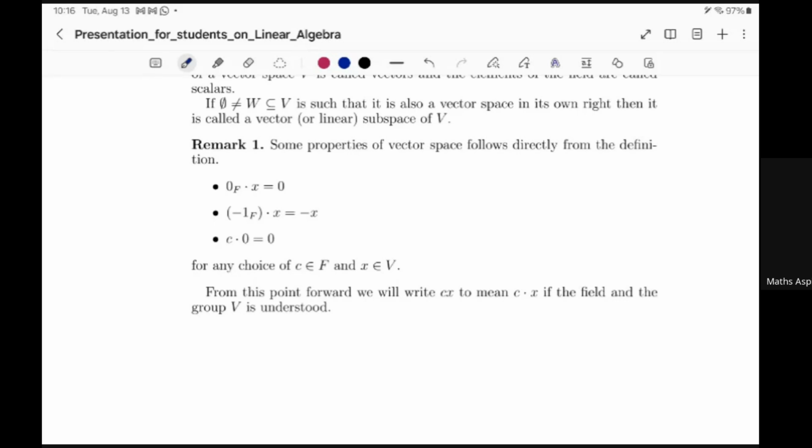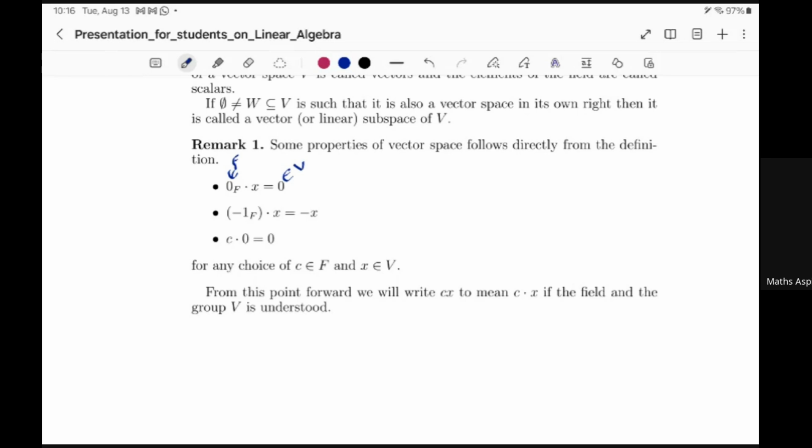If you multiply some vector with the zero element of the field, then you will get the zero vector. So this zero is the zero element of the field F, and this is the identity of the vector space V, which we will denote by 0.